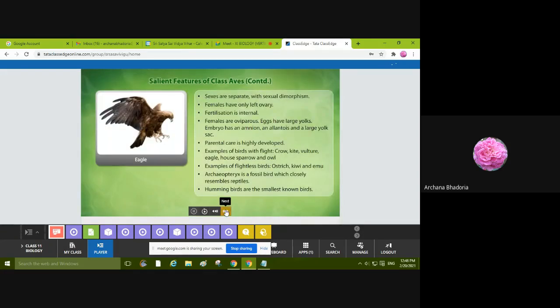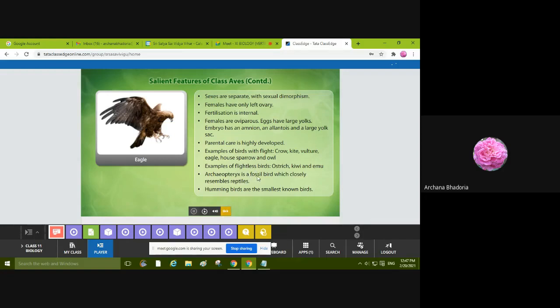Sexes are separate, sexual dimorphism is seen, fertilization is internal, and they are oviparous because all the aves, all the birds, lay eggs. Eggs have large yolks. Parental care is highly developed. You must have seen how birds feed their young ones. Hummingbirds are the smallest known birds.